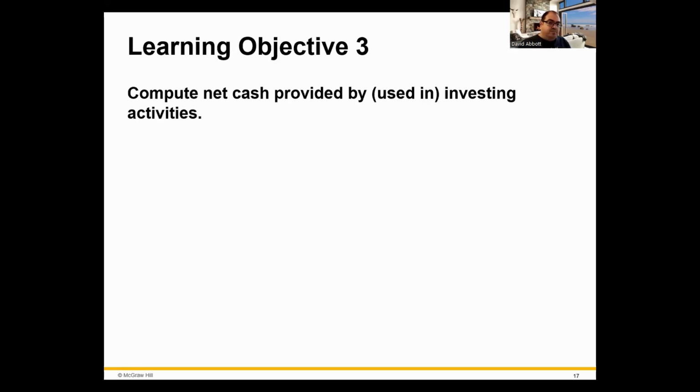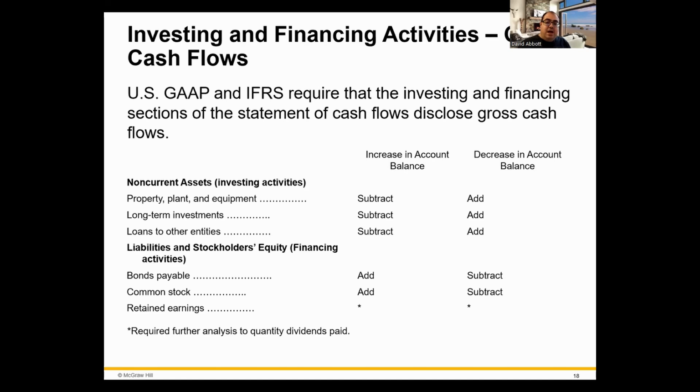All right, so learning objective 3, compute net cash provided or used in investing activities. So again, under the U.S. generally accepted accounting principles and the international financial reporting standards, they require that the investing and financing sections of the statement of cash flows disclose gross cash flow.